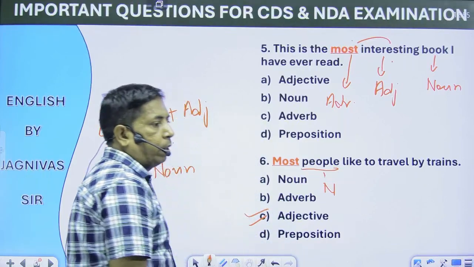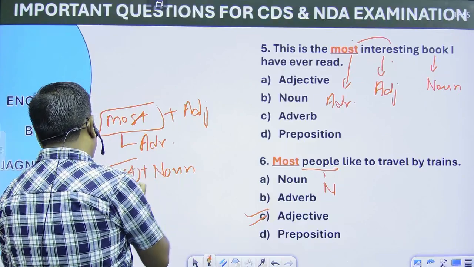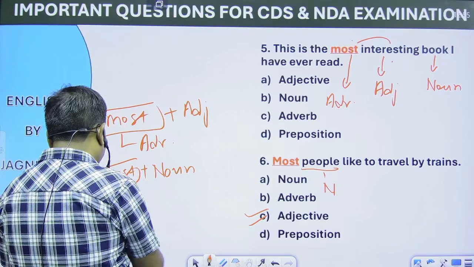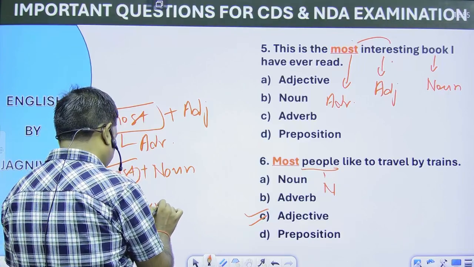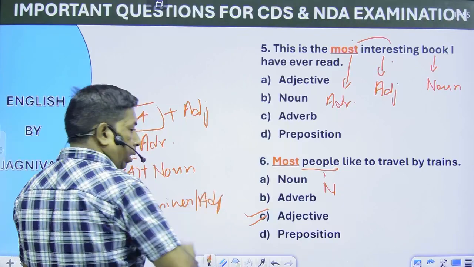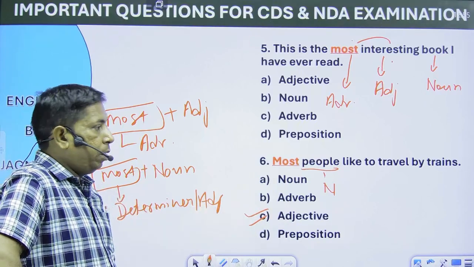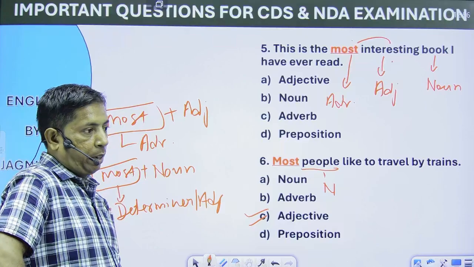One more thing you should know: you can also call it determiner or adjective. If adjective is not in the options, then it can be said determiner.